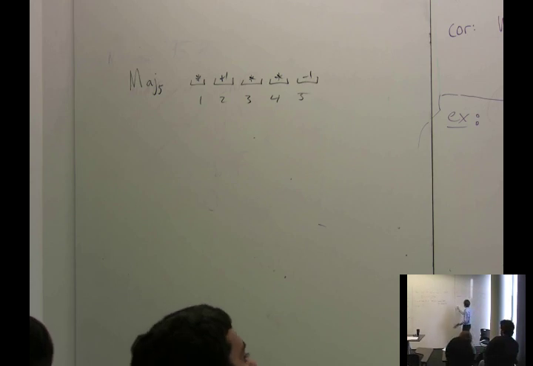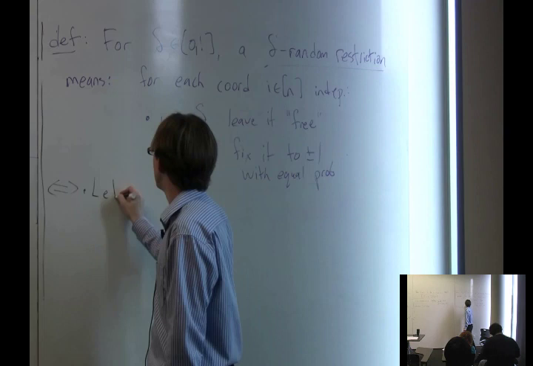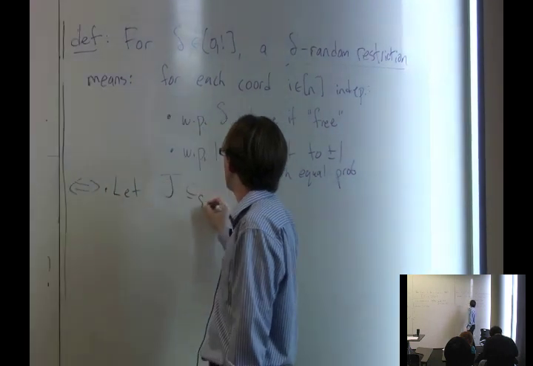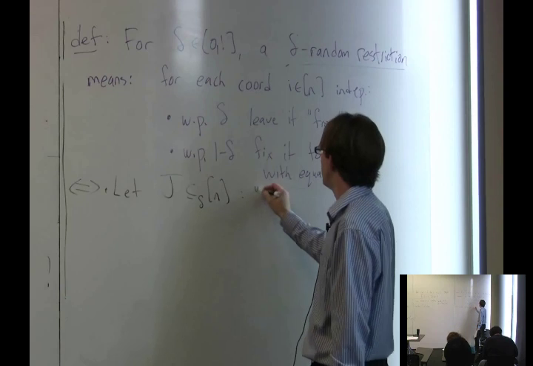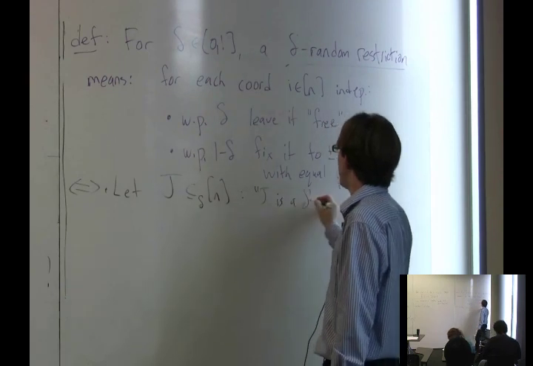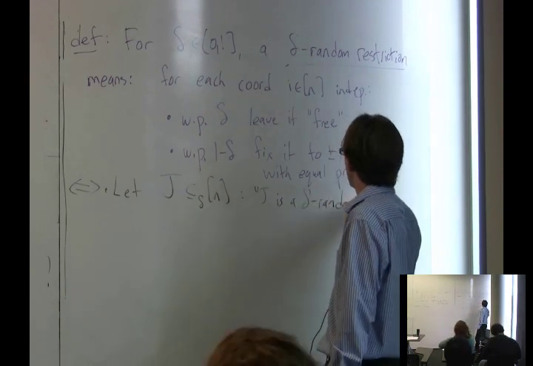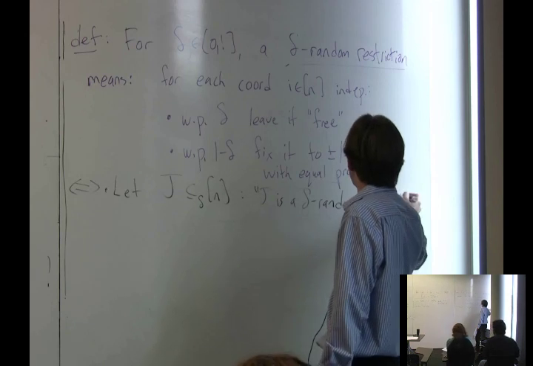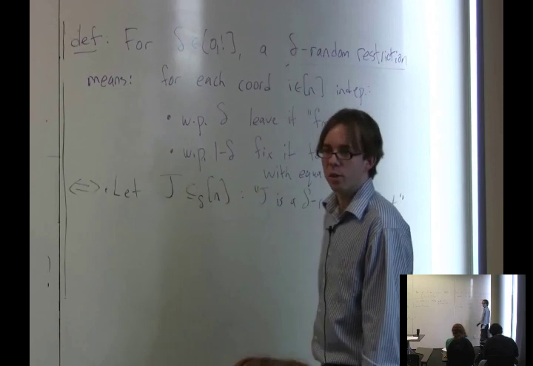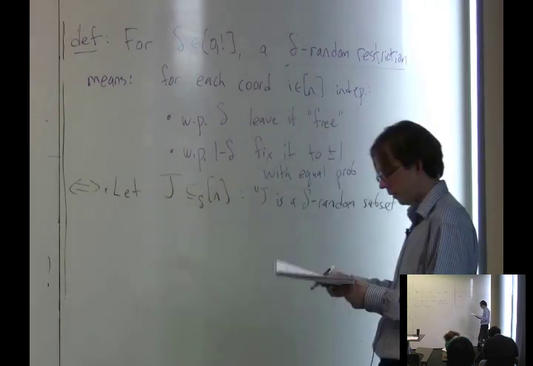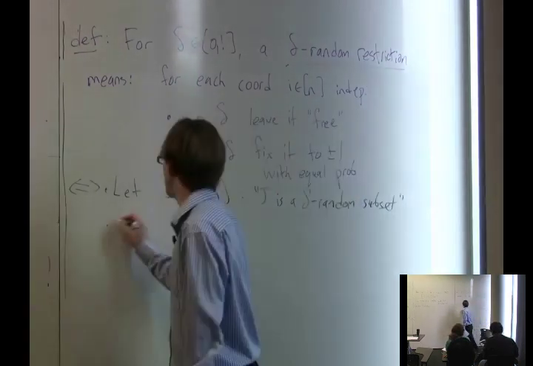Okay, another way to look at this is as follows. First, you let J be a delta random subset. So you go through each coordinate and you include it into the set J with probability delta.